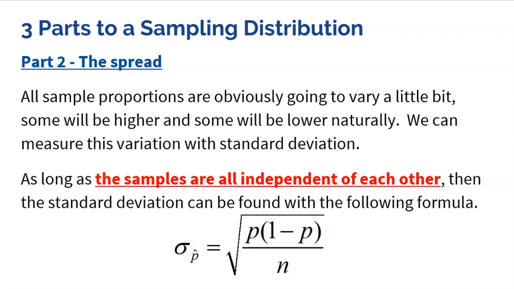The formula for the standard deviation of a sampling distribution is amazingly easy. You just take the square root of the true p times 1 minus the true p, divided by your sample size. And this will give you, again, notice the symbol here, the standard deviation of all the p-hats.